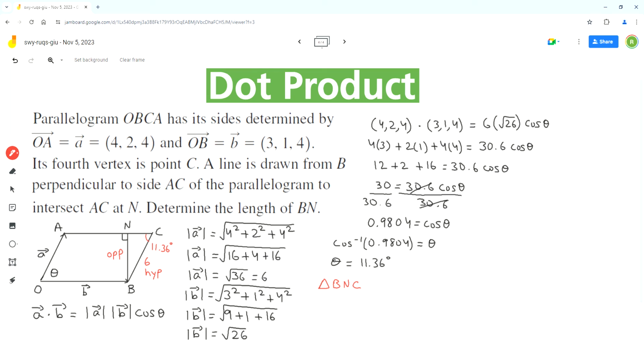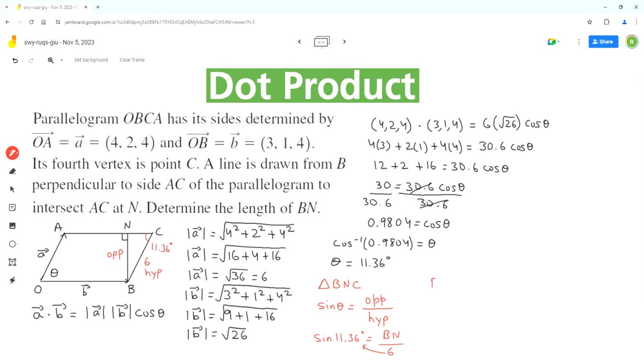So we can use the sine ratio, and the formula for sine is opposite over hypotenuse. Now we can sub in the values. Now we can cross multiply the 6.